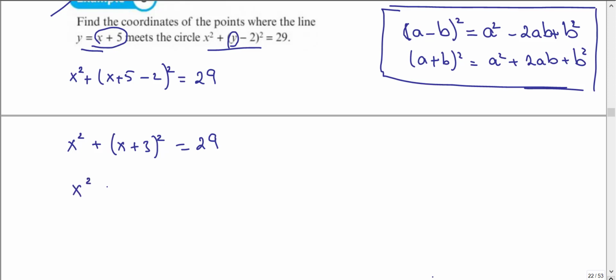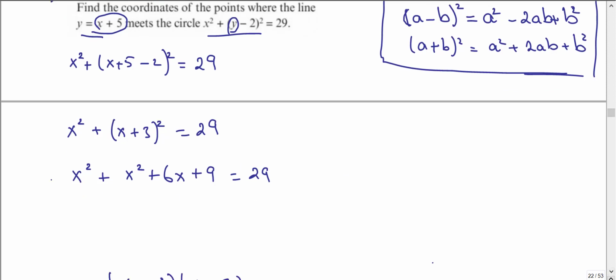Now expand the bracket. So 3 times x times 2, that's 6x. 3 squared, it's 9. You can see here we have x squared and x squared. That would be 2x squared. We have 6x. Move the 29 here, it will be negative 29. So it's minus 20 equals 0.